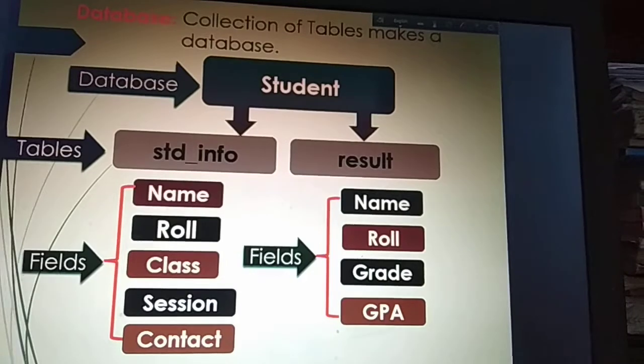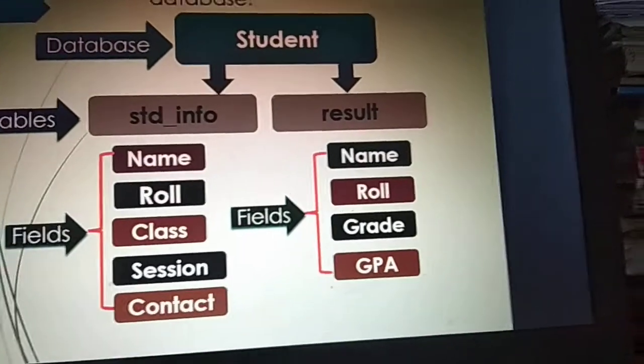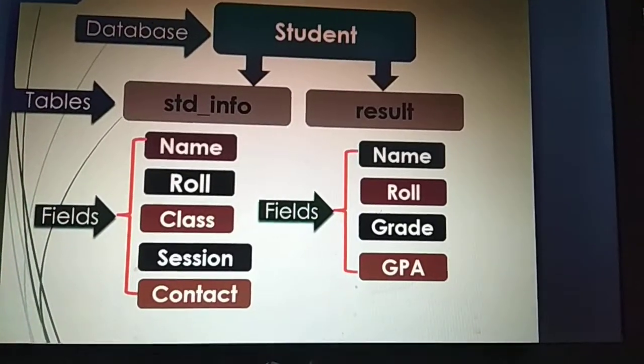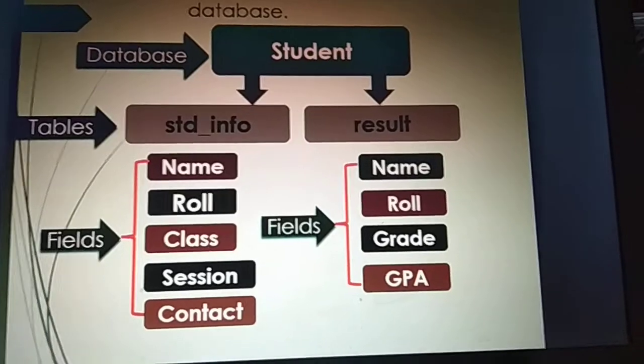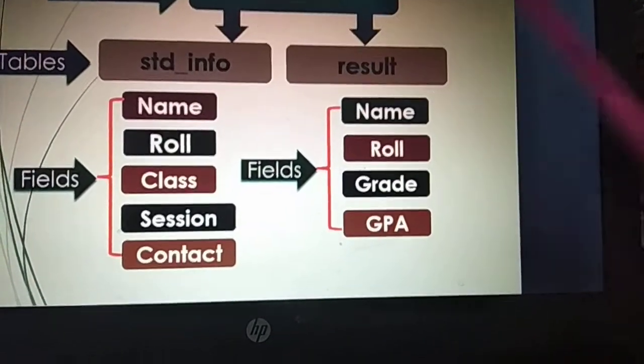That means in a database there must be many tables. So let us consider a database like student. In this database we have two tables, one is student info, another is result.